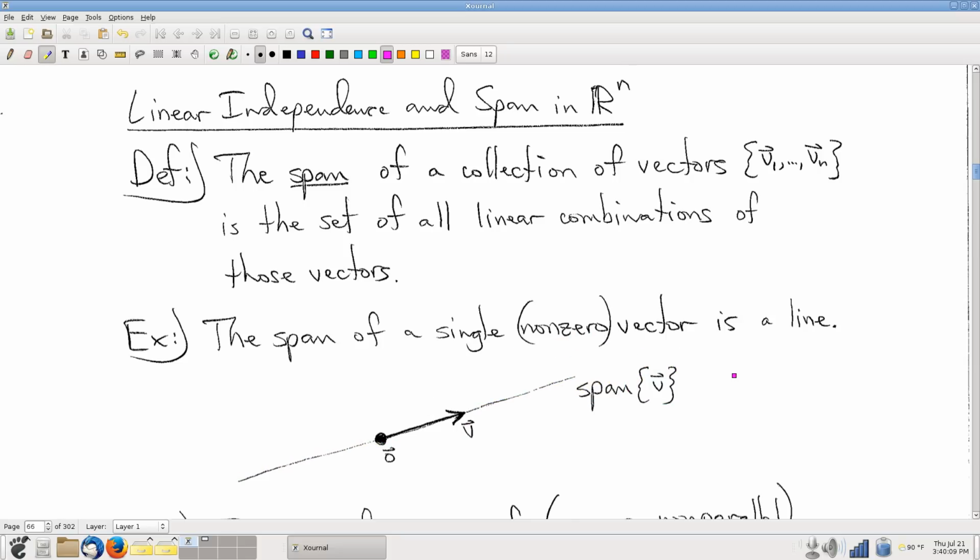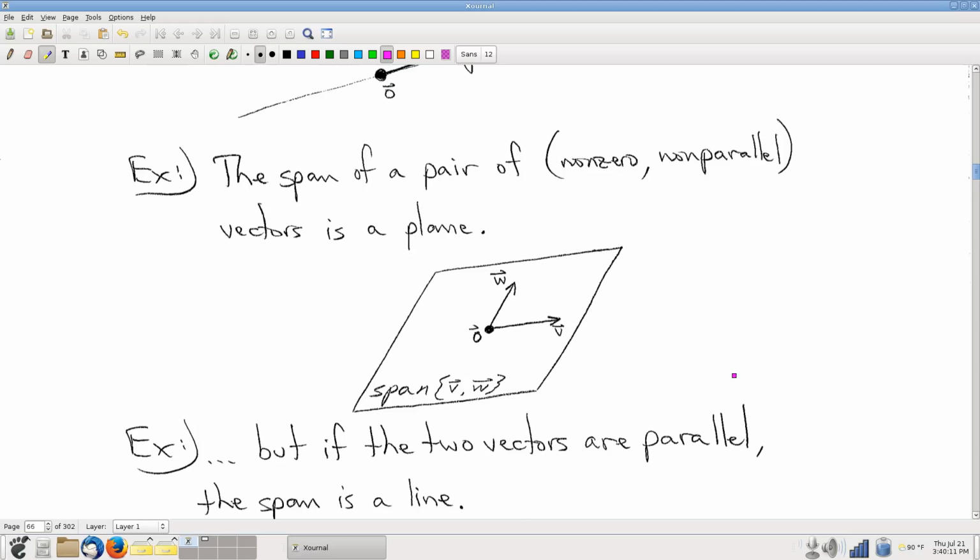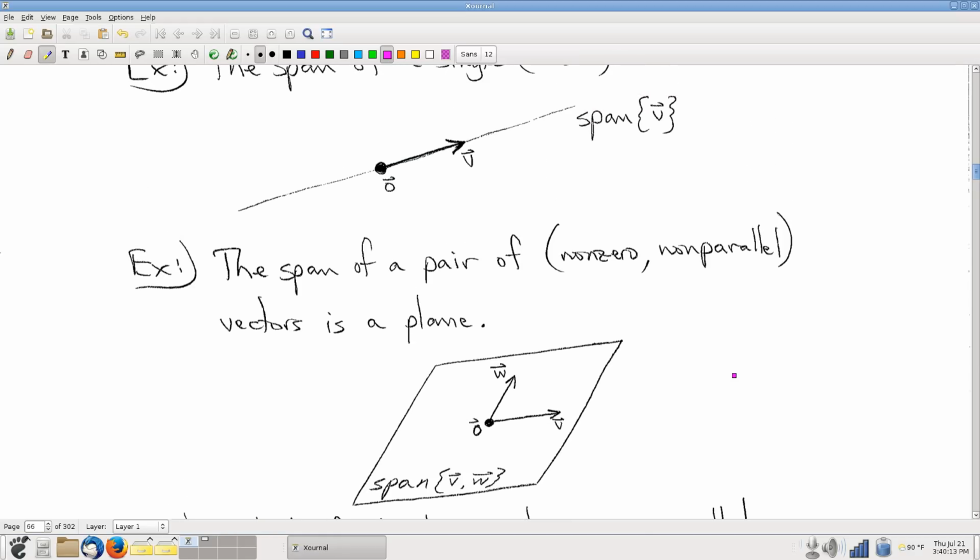Okay. So what about a pair of vectors? Let's consider the case where these are non-zero vectors, and let's further consider that they're not parallel. So given a pair of vectors, the span, the collection of all linear combinations of those vectors, well, if you think through all the different cases, we're going to have all multiples of that v vector, but we can also add to all of these multiples of v any multiple of w.